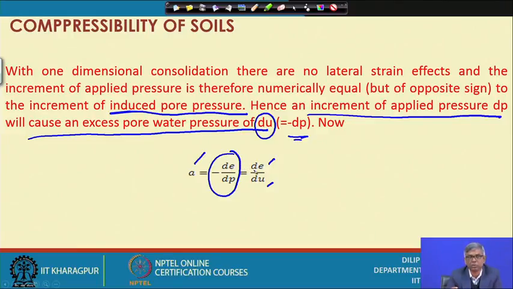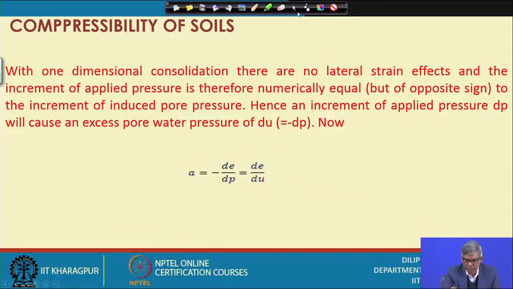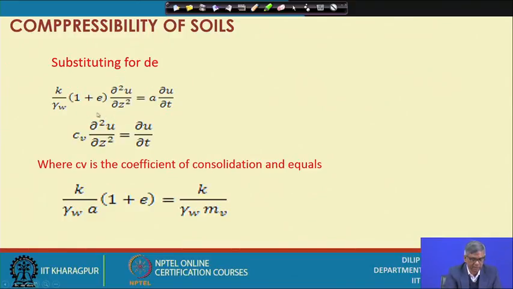That means, since the consolidation is a result of change of void ratio, I want to express in terms of void ratio, that is what we are planning. Now, if you substitute those, then the equation will come to this form.